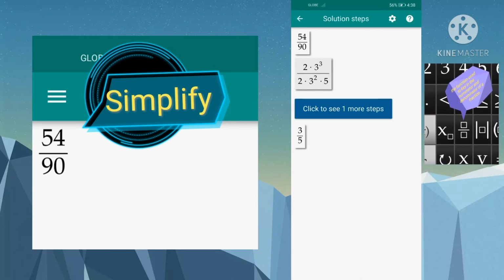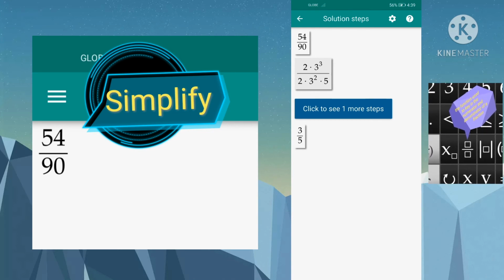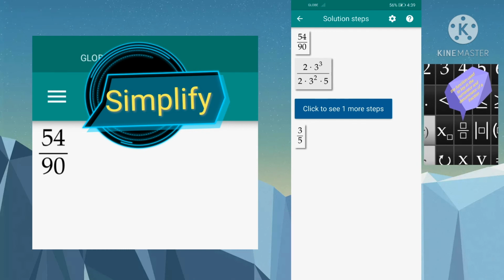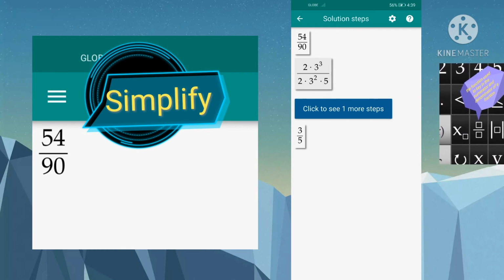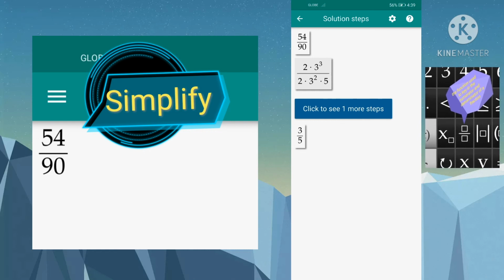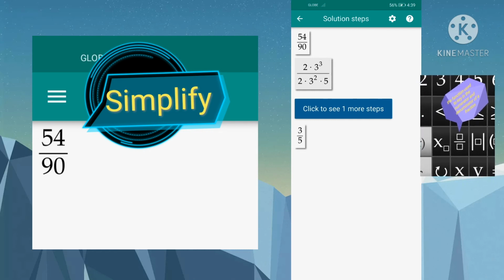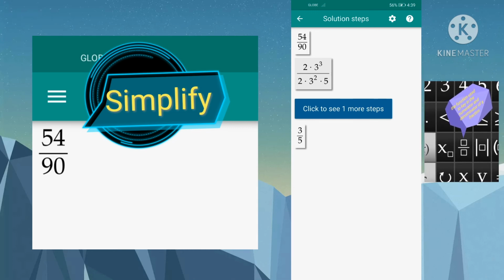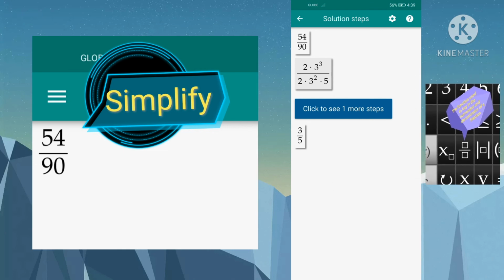There. So, the answer is 3 over 5. So, yun. It presents the whole or complete solution. Ang 54 natin is 2 times 3 raised to 3 or 2 times 3 times 3 times 3, all over 2 times 3 raised to 2 times 5 or 2 times 3 times 3 times 5. So, then, we can get 3 over 5.